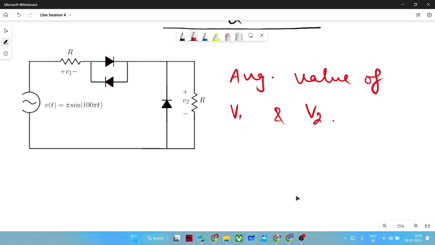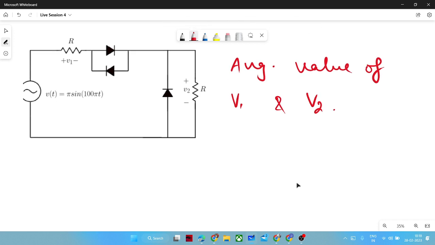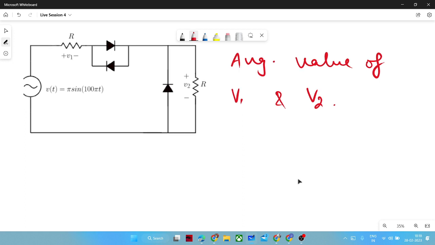All the diodes can be considered as ideal diodes. So we will move ahead step by step. Our supply is sinusoidal.